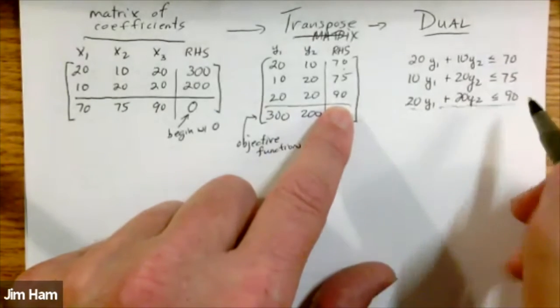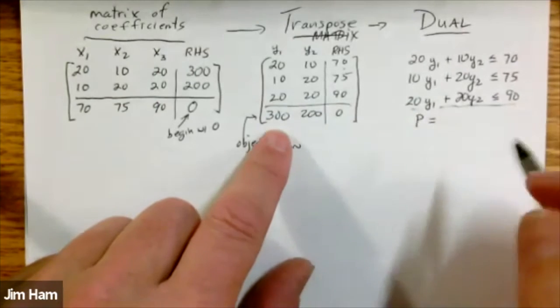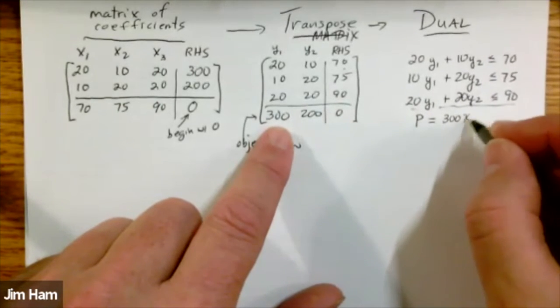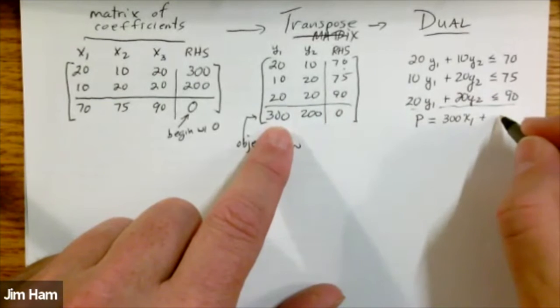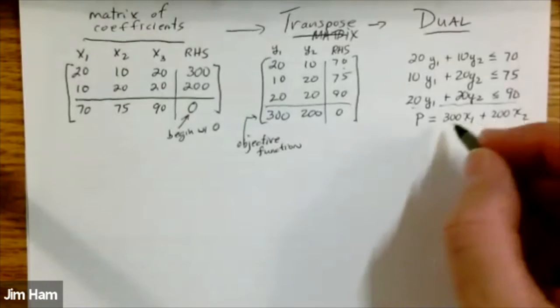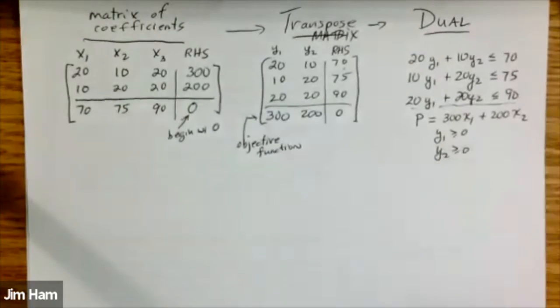Okay. And then finally, the objective is P, and we have 300x1 plus 200x2. We also know y1 greater than or equal to 0, y2 greater than or equal to 0. Just two variables in there.